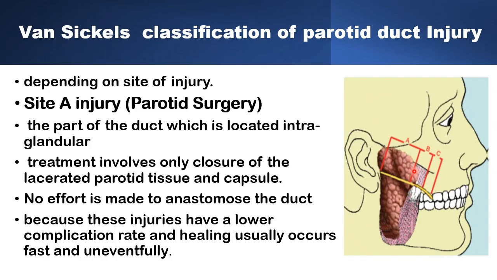Even in facial wound injuries, if the parotid area is penetrated by a stab wound, for example, no attempts are made at anastomosing the intraglandular part of the duct, only approximation of the parotid tissue in the area that had been separated by the stab wound, and closure of the fascia on top would prevent further complications.